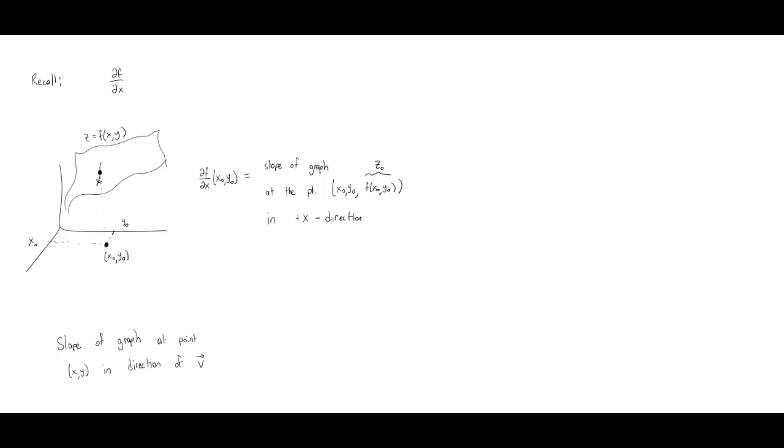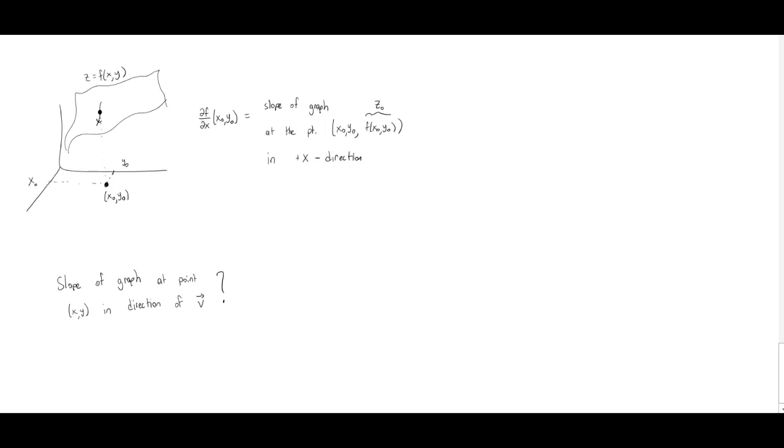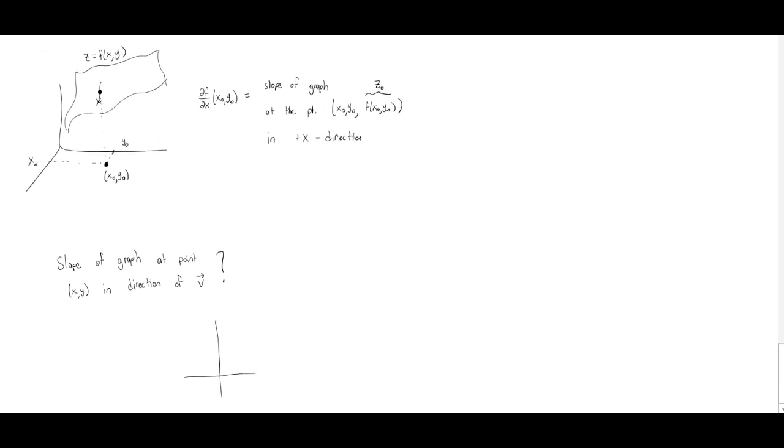Okay, so to calculate the slope, let me draw a picture first. I'm just going to draw in the xy plane. So let's say here's my point xy. And let's say the vector v is pointing in this direction. Okay?